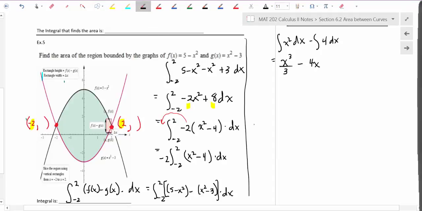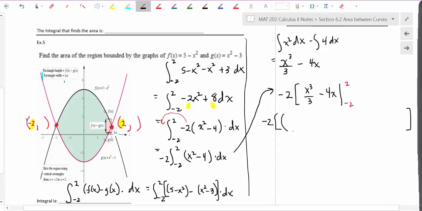Okay, so now we're ready to evaluate this. So we have negative 2. We have our antiderivative right there, so that's x to the third over 3 minus 4x, and we are going to evaluate that from negative 2 to 2. Okay, so let's go ahead and do that. I'm going to write this as negative 2. I'm going to have a big bracket here, and then we are evaluating the upper limit and the lower limit and then subtracting the result, from the fundamental theorem of calculus.